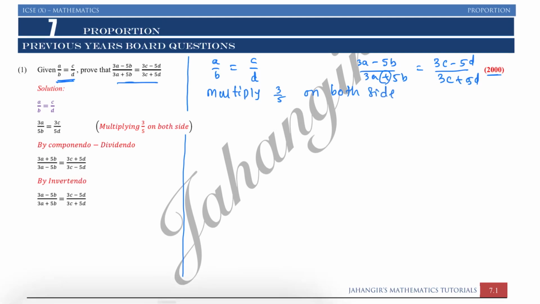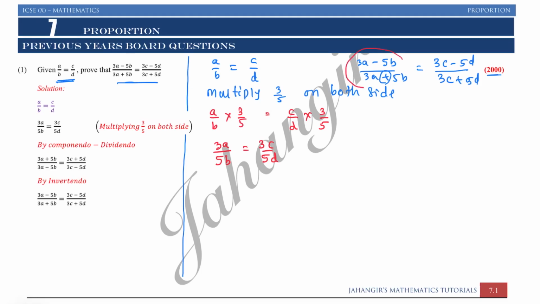So multiplying 3 by 5 on both sides, I will get a upon b multiplied by 3 by 5 is equal to c upon d multiplied by 3 by 5. So we can write 3a upon 5b is equal to 3c upon 5d.